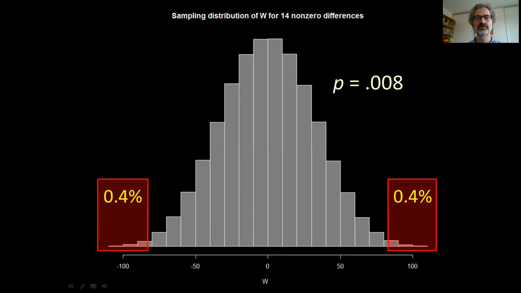So they're approximately 0.4% on each side with this or a larger sum of signed ranks. This means that we can reject the null hypothesis that the before and after scores come from the same distribution, and we can conclude that there is a statistically significant difference between the before and after scores, not between their means, between their distributions, because this is a non-parametric test.